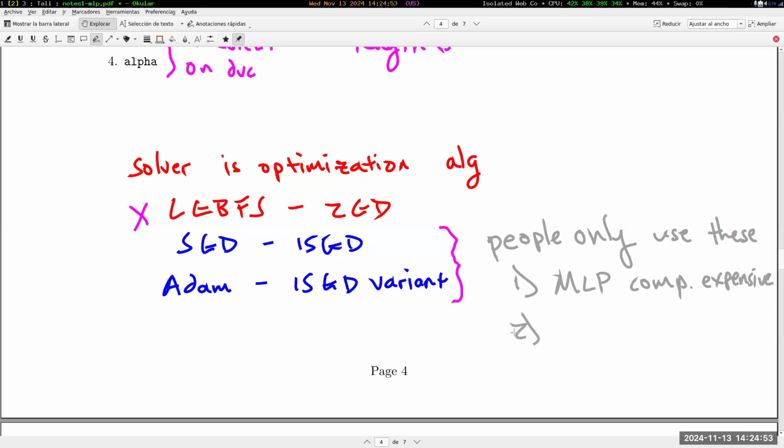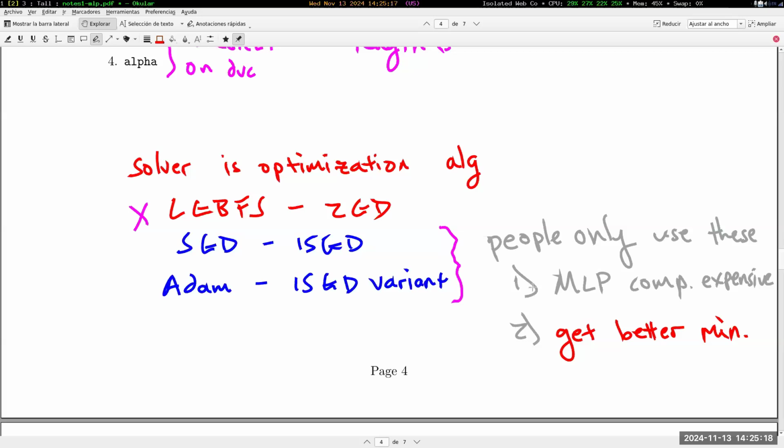The other reason is that it turns out for these multi-layer perceptrons that SGD and Adam are more likely to get you better optimizations. So more likely to get closer to the global minimum. They get better minima.